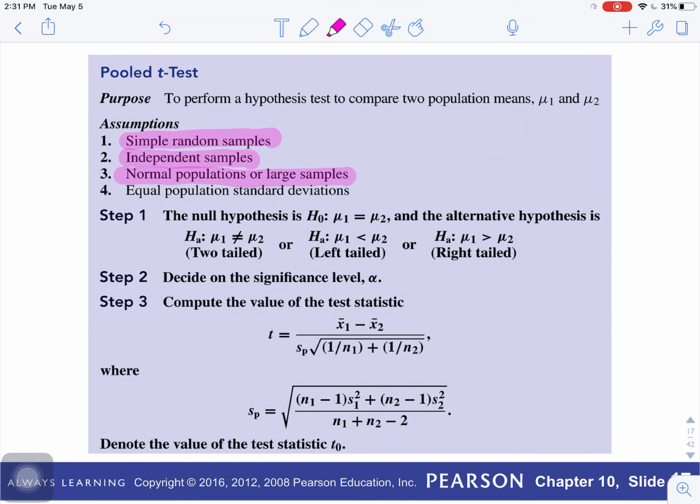It is a normal population or a large sample. Don't forget that a large sample has to be at least 30. Otherwise, if it's less than 30, you have to do a normal probability plot.